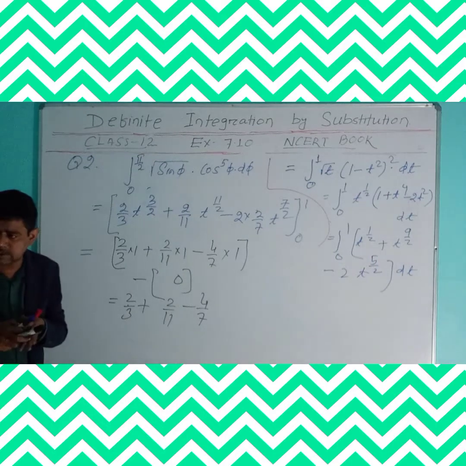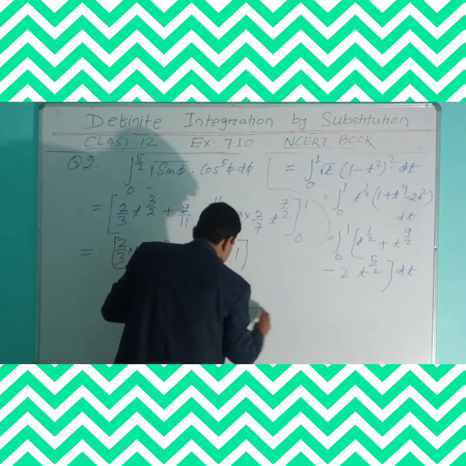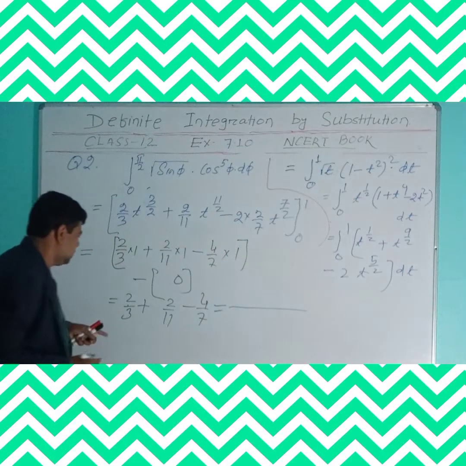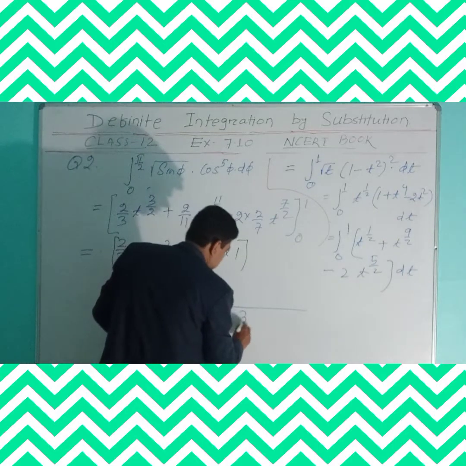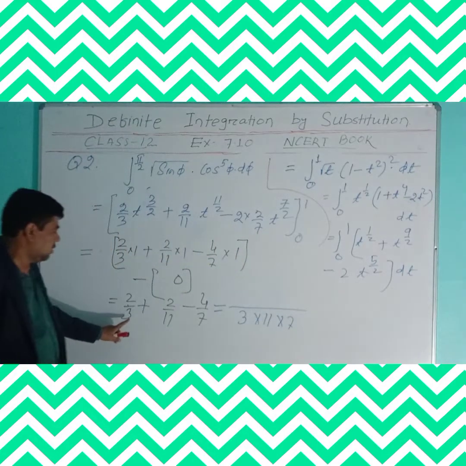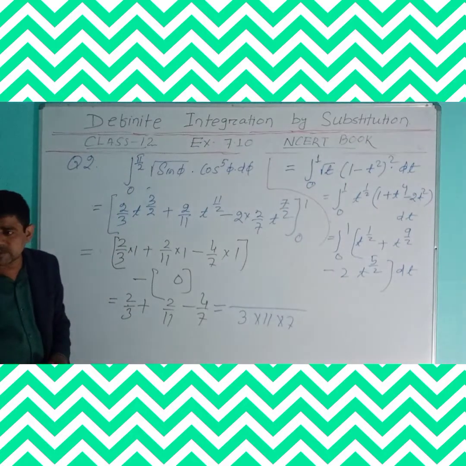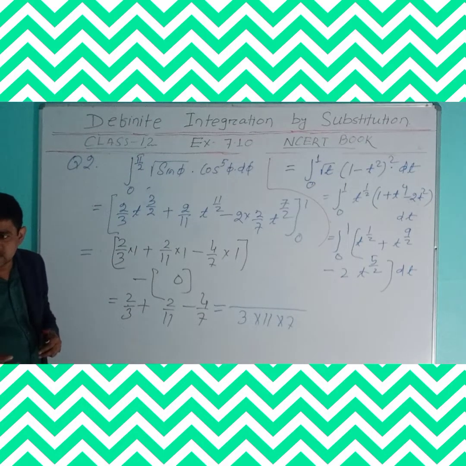Is it correct? So what is the LCM here? The LCM is 3 into 11 into 7. You see, there are 3 prime numbers, so you can write 3 into 11 into 7. The LCM of prime numbers is the product of the numbers. Yes or no?